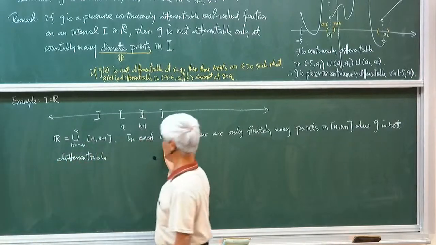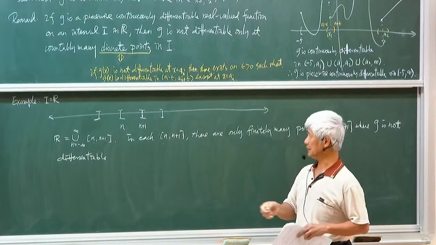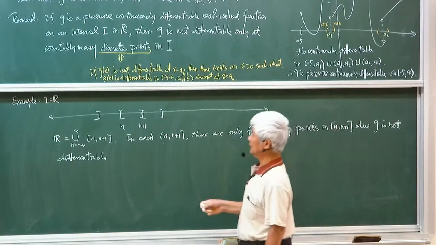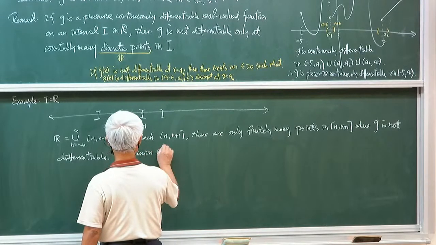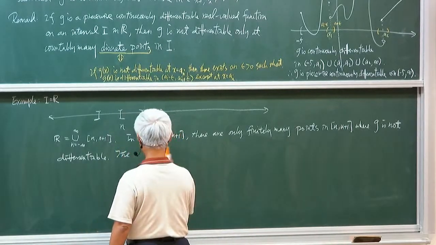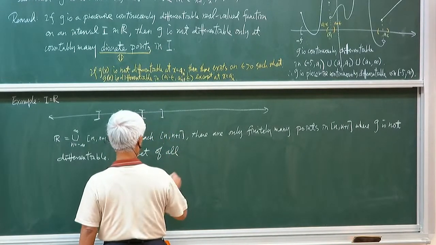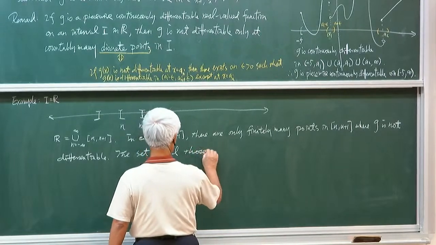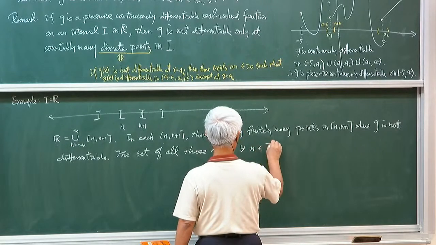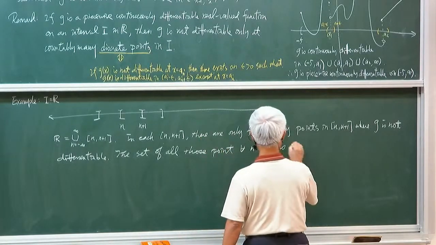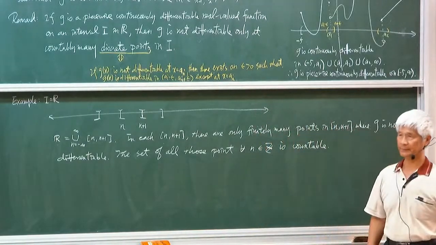So for each interval, there are only finitely many points where g is not differentiable. And so the set of all those points, for all n in Z, is countable.